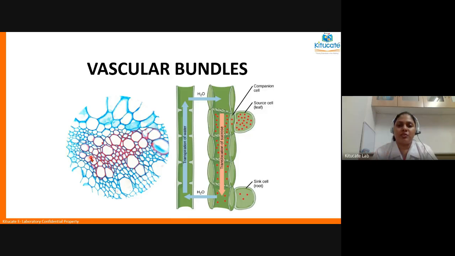Now, these vascular bundles are pathways, like we have our food pipe, like we have our windpipe. The same way, vascular bundles are transportation lines in the plants. So through vascular bundles, the transportation of water, food, minerals, enzymes, proteins, everything takes place.